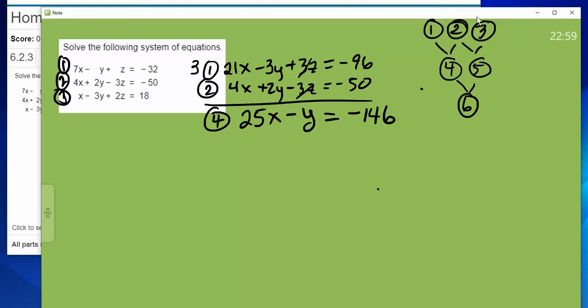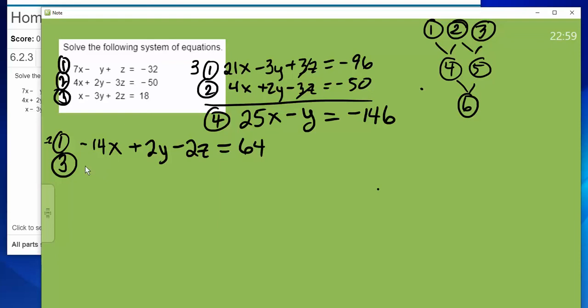Okay, now I don't have to do 2 and 3, but I have to use 3 because I have to use all three equations and I have to eliminate the same variable. So I want to get rid of z, so I'm going to use 1 and 3. And I'm going to multiply 1 by negative 2. So we get negative 14x plus 2y minus 2z equals positive 64.